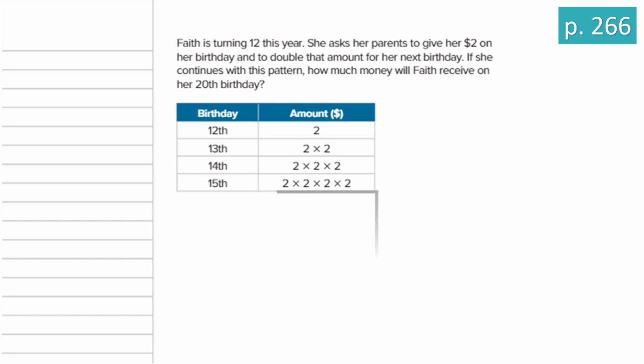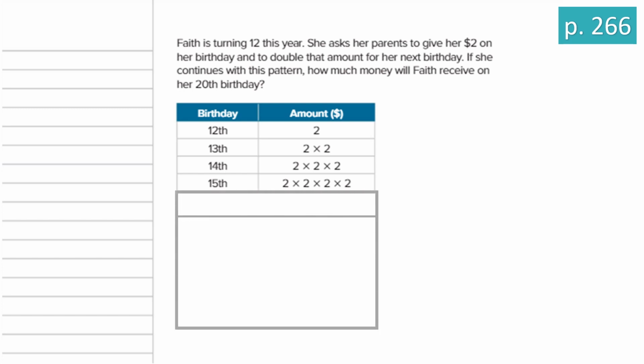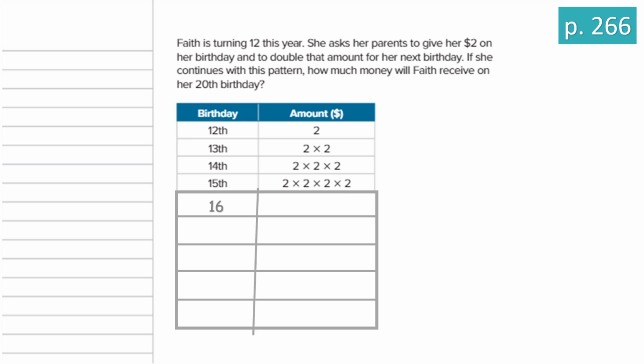But we want to go all the way to 20. So we're going to finish this chart. So on our 16th birthday, and then our 17th, and then our 18th, and our 19th, and then our 20th. So we fill in our chart, and we can see that as we go along we increase by 2 each time.